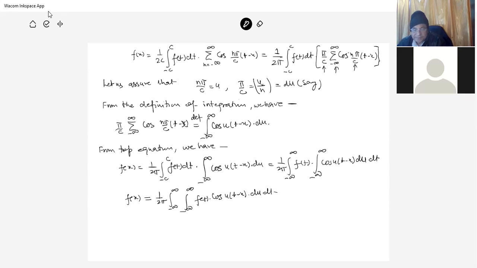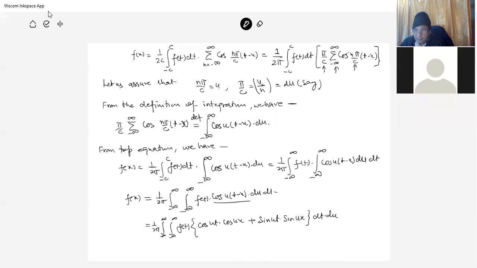Now in this f of x, we can have similar terms in the expansion, that is 1 by 2 pi, minus infinity to plus infinity f of t, and this cos can be expanded as cos ut cos ux plus sin ut sin ux, dt du.